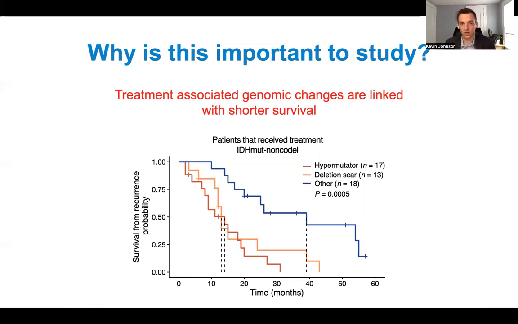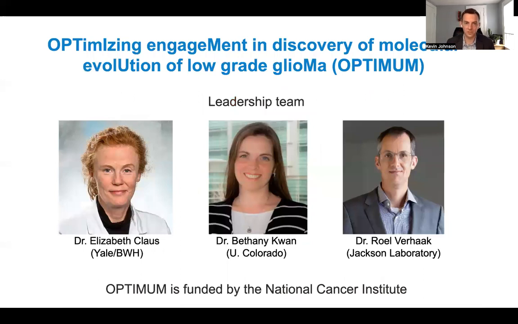And that leads us to our current study, which is the OPTIMUM study, which is to build on that past research and actually engage with patients in order to provide them with this molecular feedback.